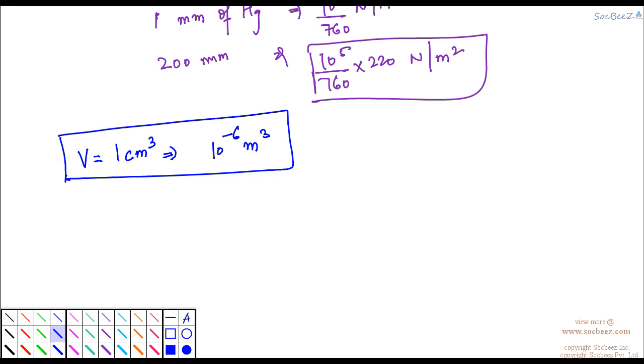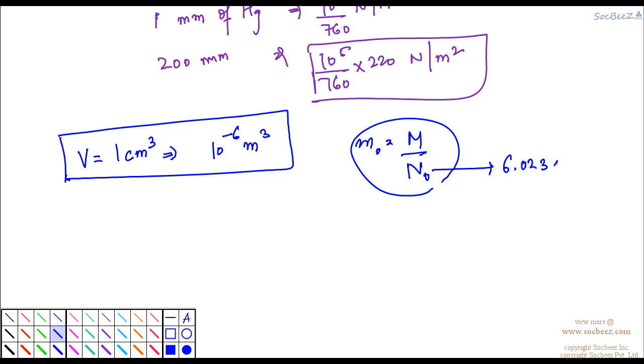As we know, the mass of a single molecule is m naught equals total mass upon Avogadro's number, where Avogadro's number is 6.023 into 10 raised to power 23.